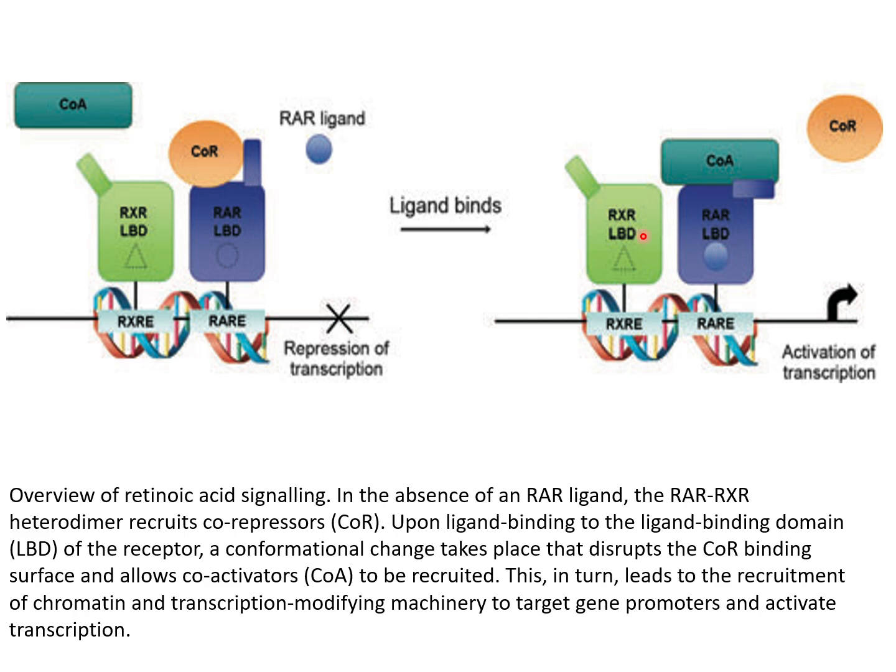And what happens is a conformational change in the receptor that gets rid of a repressor of transcription that is bound to RAR under normal circumstances. In the absence of the RAR ligand, there is an inhibitor of transcription bound to RAR.